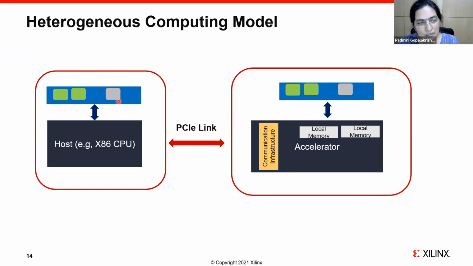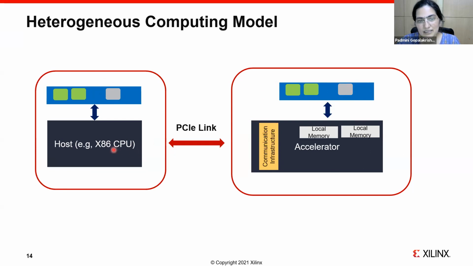And then the host will also reserve space to store the output. So this gray area, let's say for this example, refers to the output matrix that I want to read back. Okay. Now, what happens is the accelerator will also have to reserve some space in its global memory to keep the inputs and to store the output.